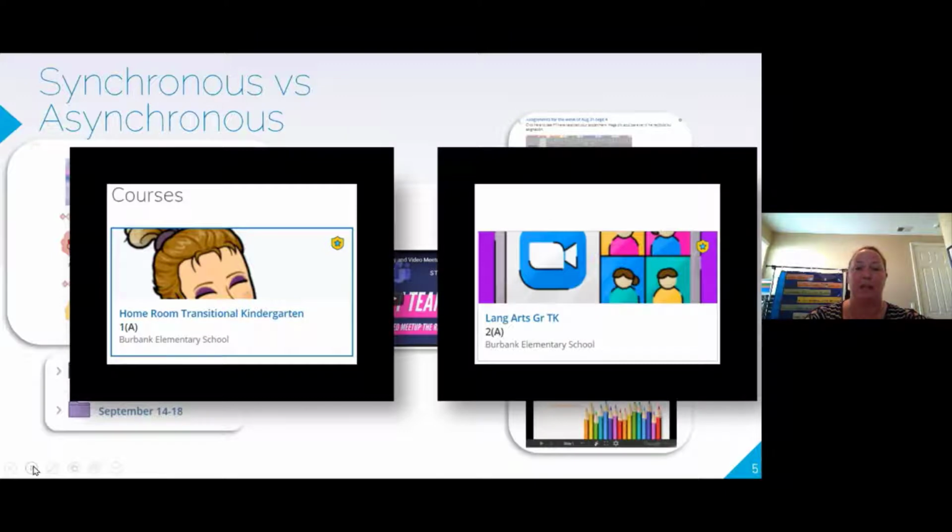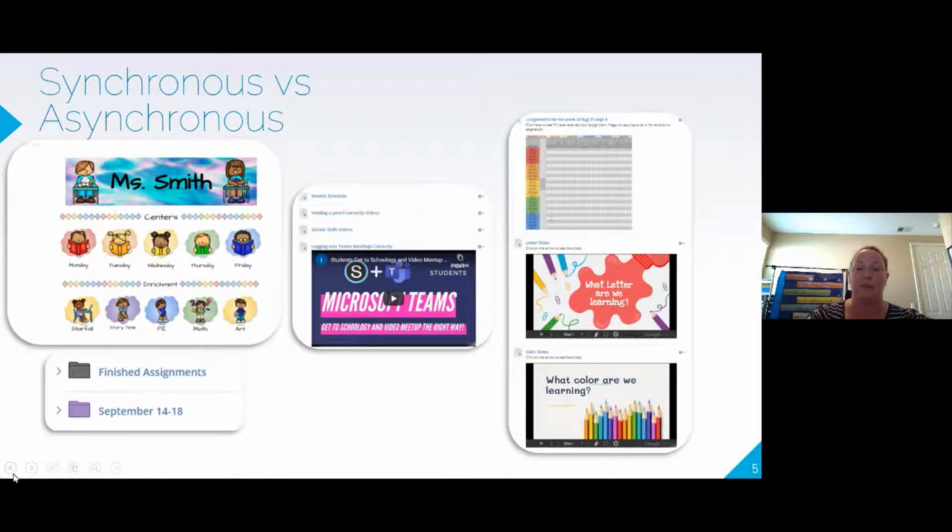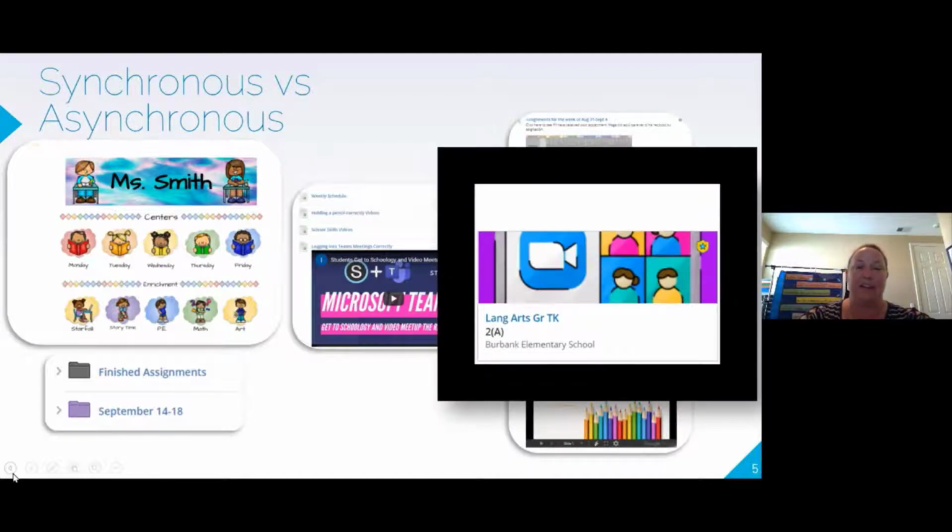Specifically in my homeroom, these are some buttons that I've added to my announcements that students will click on. They are directly linked to the files below.